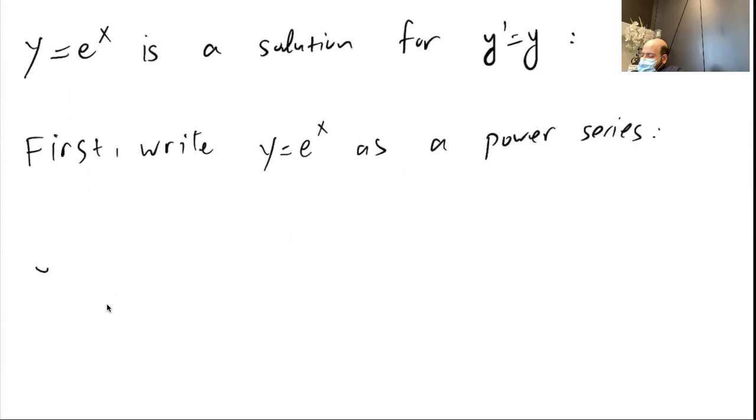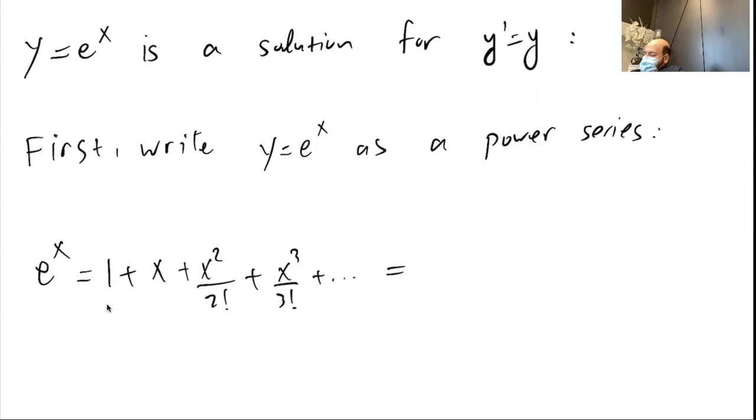Then I'll have e to the x equals 1 plus x plus x squared over 2 factorial plus x cubed over 3 factorial and so on, which can also be written as sigma x to the power n over n factorial, n from 0 to infinity.